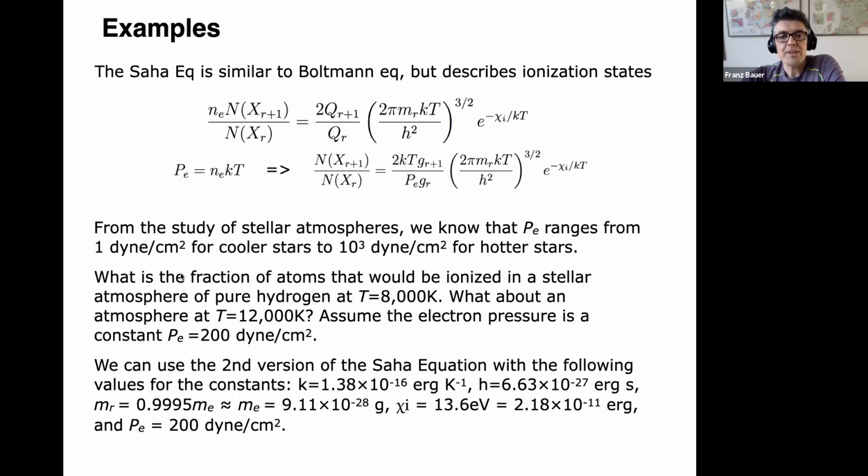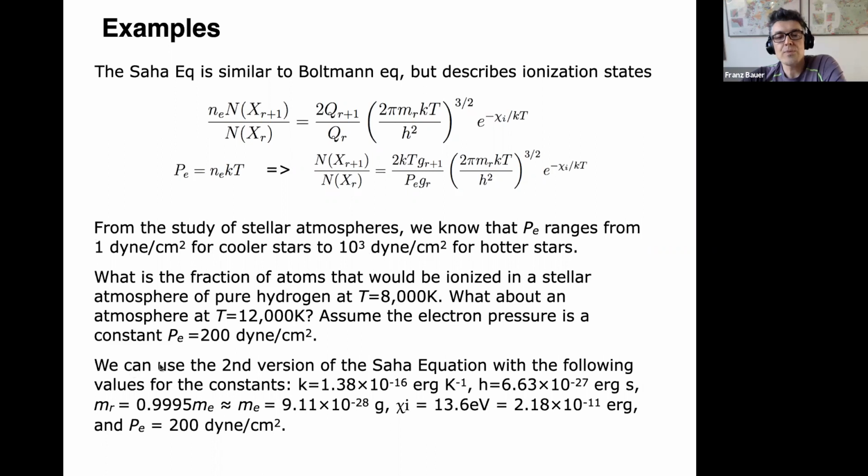If we think about stellar atmospheres, the pressure here is typically in the range of about 1 to 1,000 dyne per centimeter squared. And so we can estimate what fraction of atoms will be ionized in an atmosphere that has a temperature of 8,000.